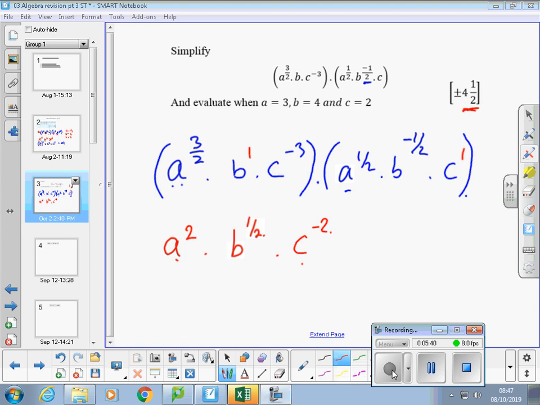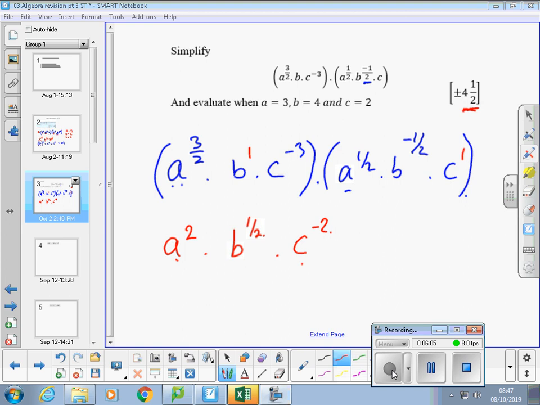But there's another way that I can write b to the power of a half, and another way I can write c to the minus 2 if I want to. Just checking on what you remember from last week. You could put 0.5, but that's not what you would normally do. There's a completely different way you can write it. What are fractional powers? Look at your handout.